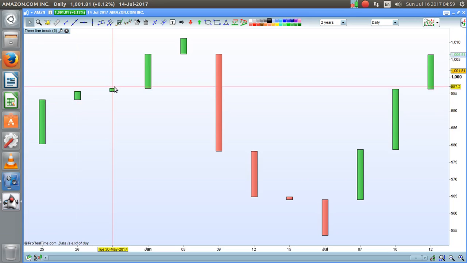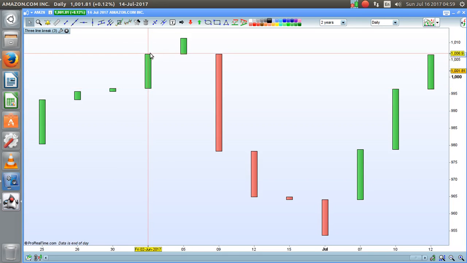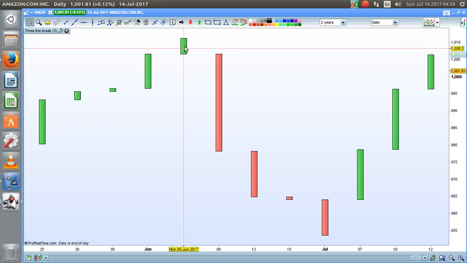So you can see there 996.70, and then on Friday, 2nd of June, again it went up some more, so the closing price was at 1,000.80. Monday, 5th of June, again it went up some more, and it closed at 1,011.40.